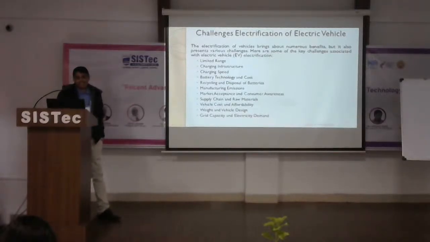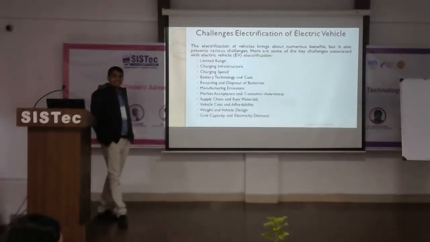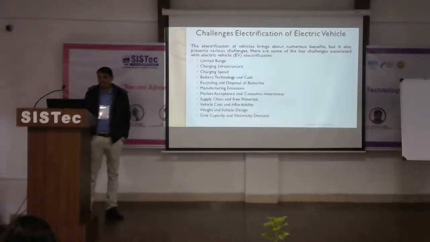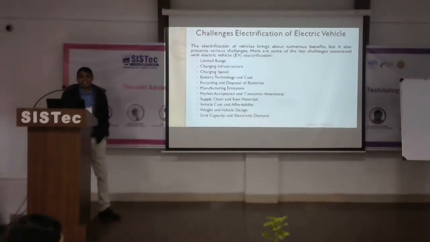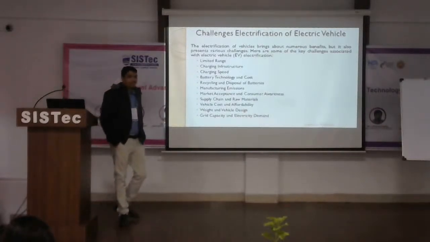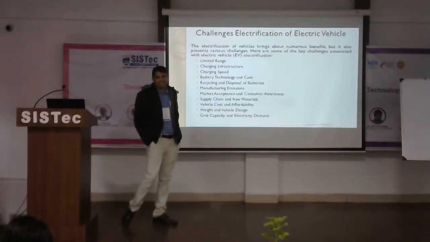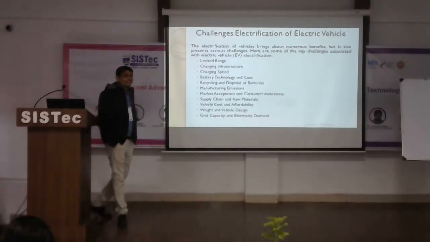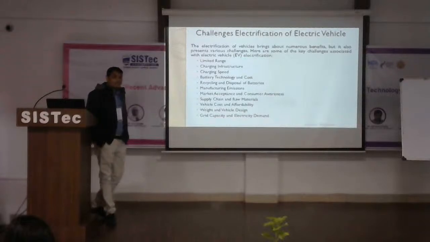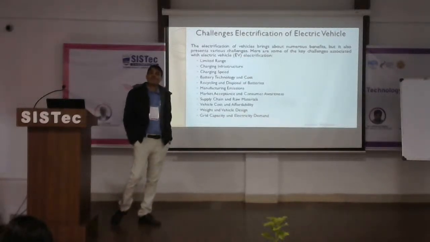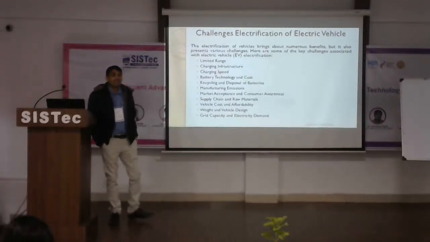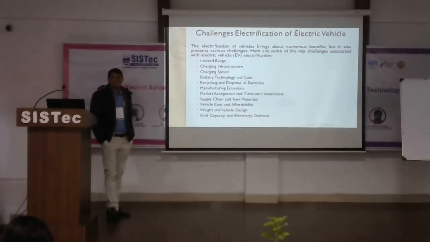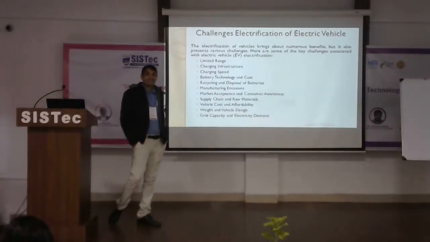And grid capacity and electricity demand. That is, as an electrical engineer, you know very well, grid capacity and electricity demand. Now again, I am coming back to the infrastructure. So if you develop a high capacity charger in a particular place or on the highway side, but that grid supply will not be continuous.